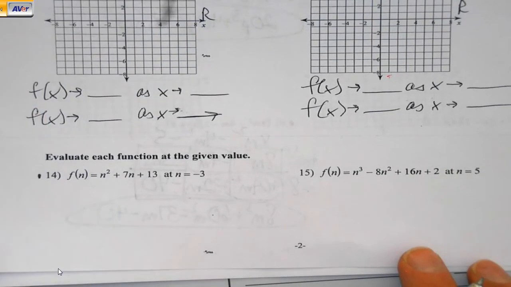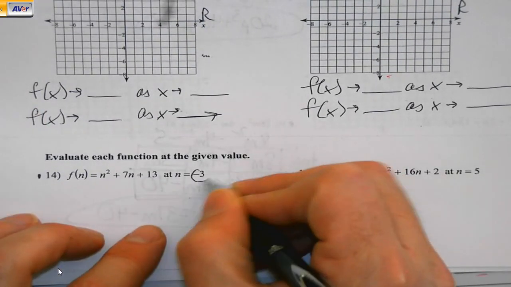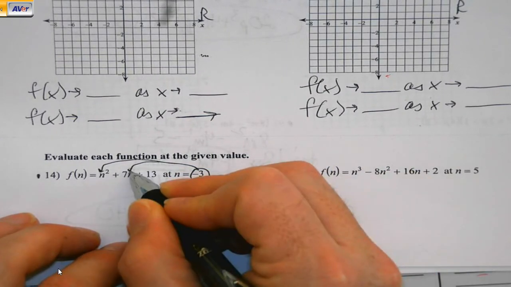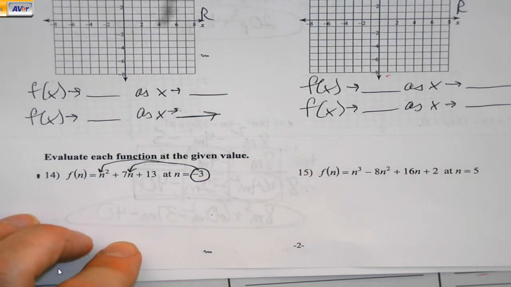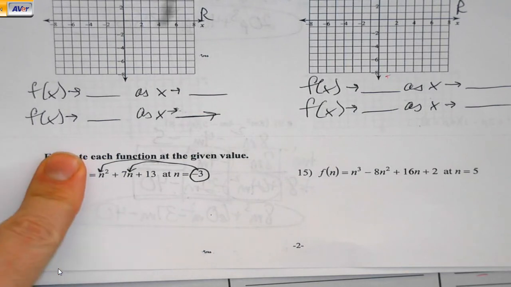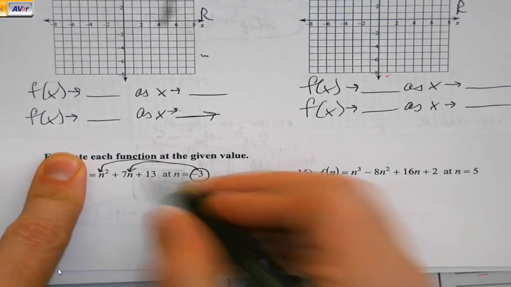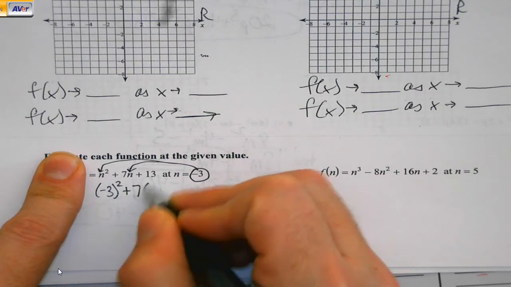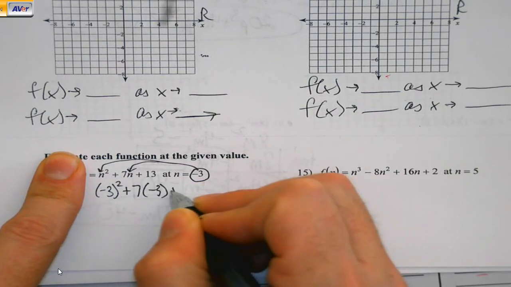Okay, a couple more to practice and to be able to ask some questions on. So let's see what else we got here. Evaluate the function. Okay, evaluate just means take that value they give you, and everywhere that you see that variable, plug it in. Okay, this is just a label. I'm not plugging in and solving anything here. I always want to use parentheses, especially when there's exponents involved.